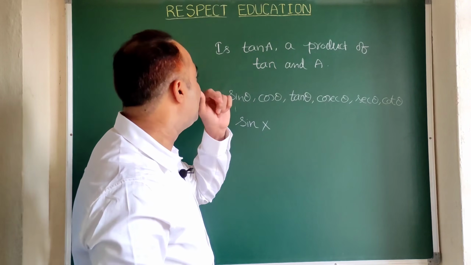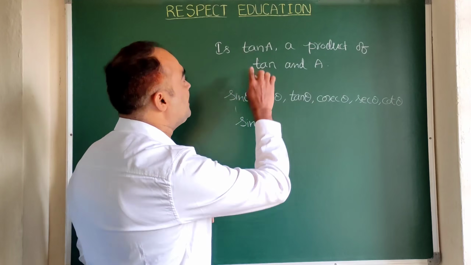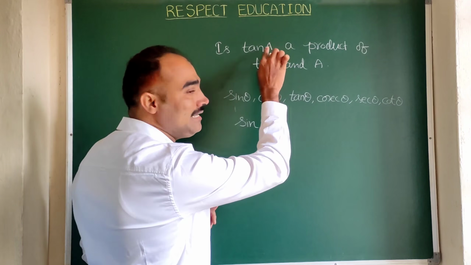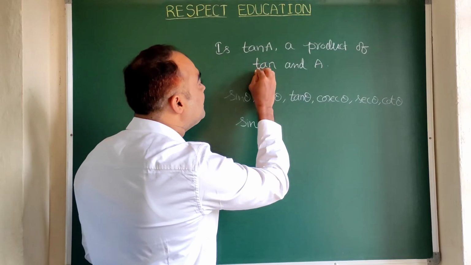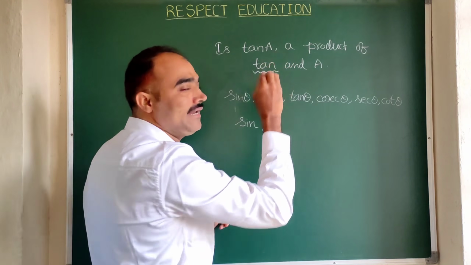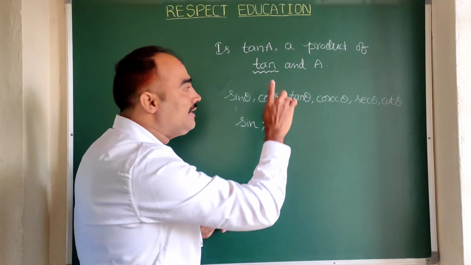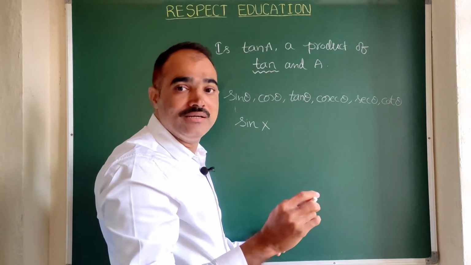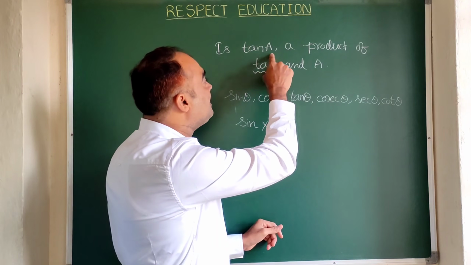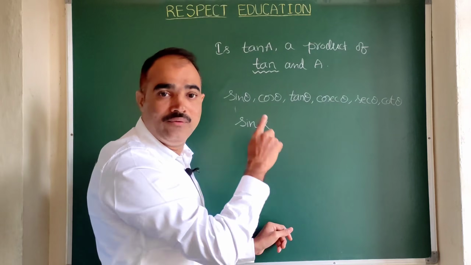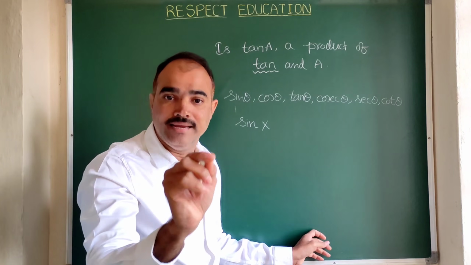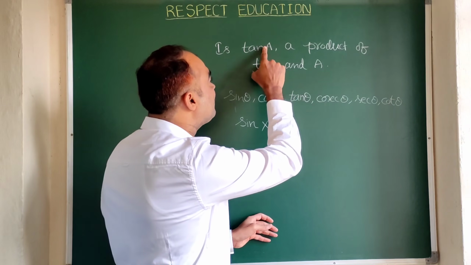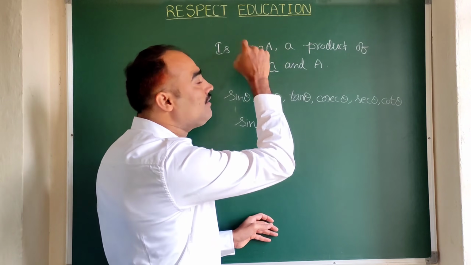Same way, let us come back to tan A. The present question is tan A. A has some value, whereas without A, there is no meaning of tan. Is it clear? Tan A means the tangent of the angle A. That means we are finding the tan of this particular angle.